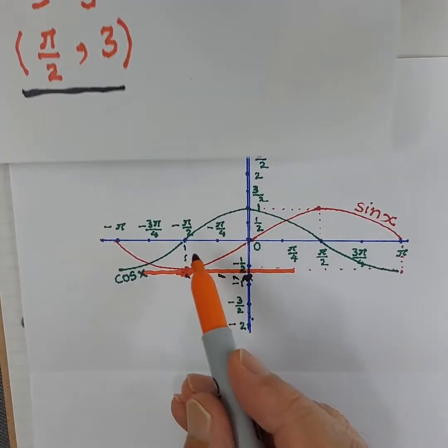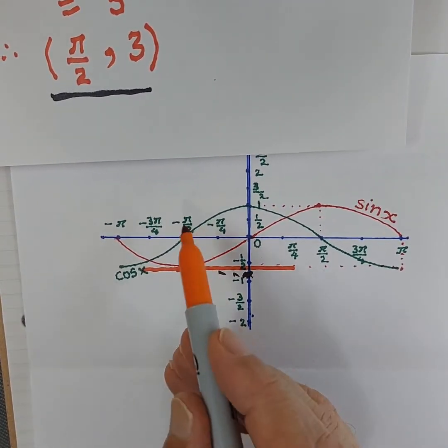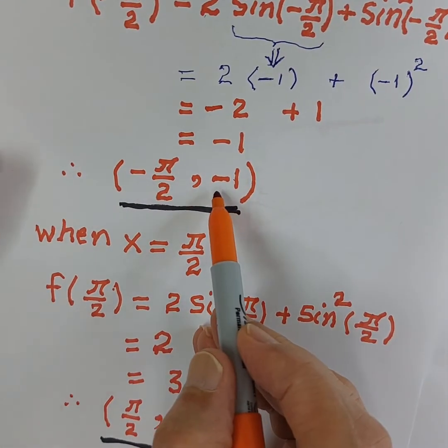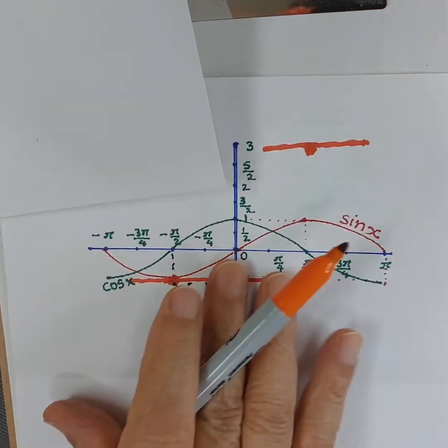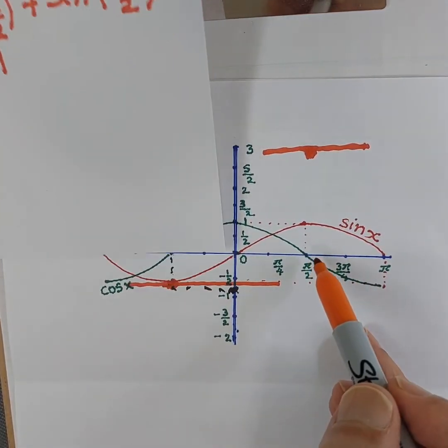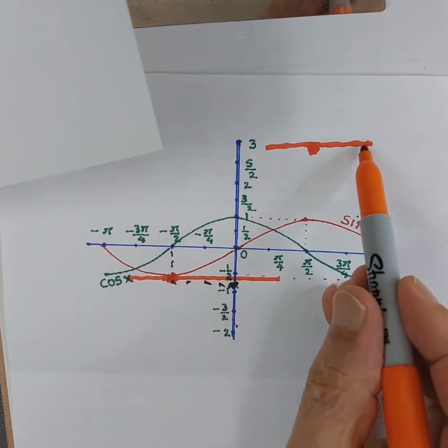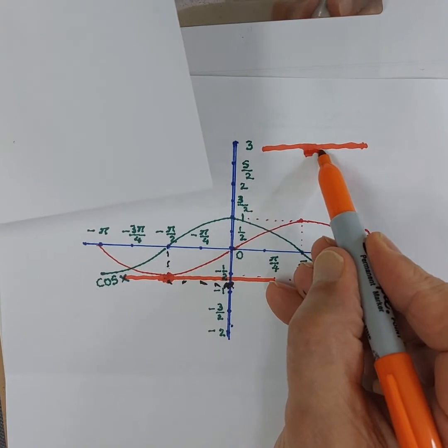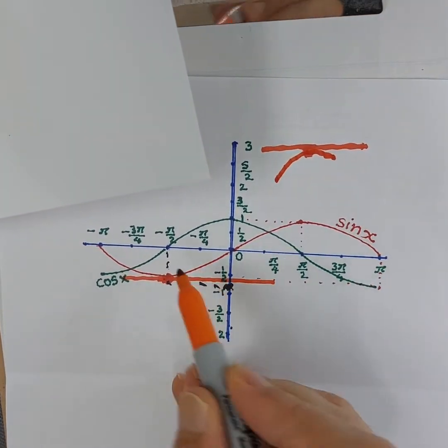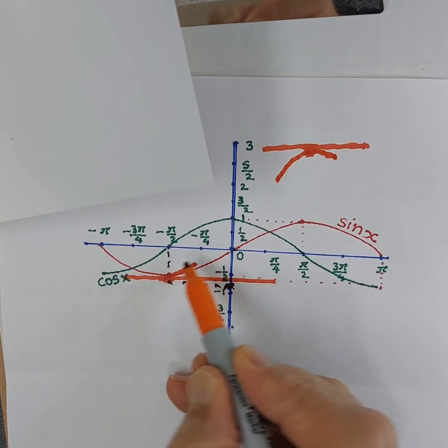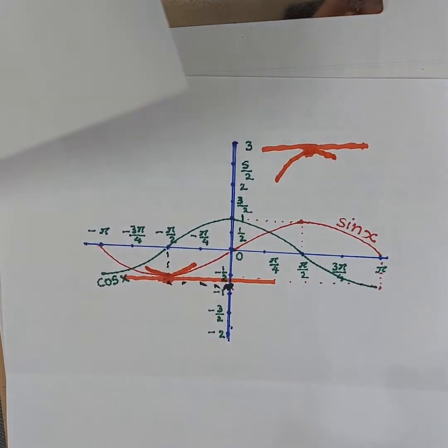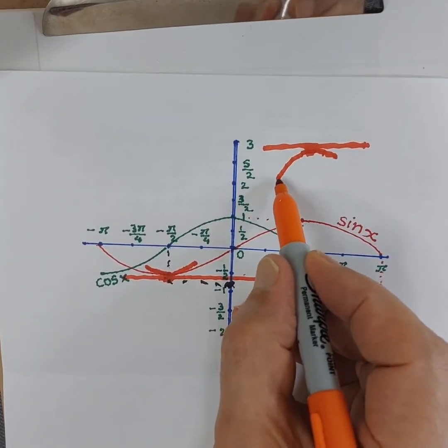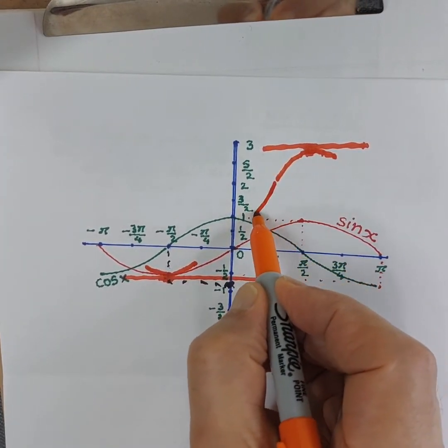So this is the point negative pi over 2 and minus 1. And this point also, which is pi over 2 and 3. Both are horizontal. So the graph will be here and here. You see, just here tangent and here tangent for the graph. And it will go this way.